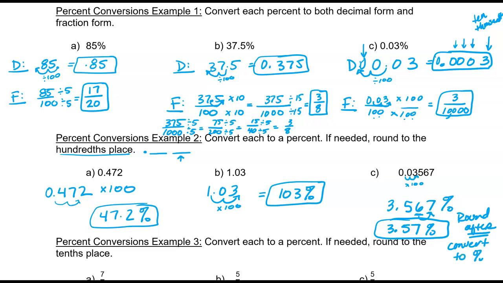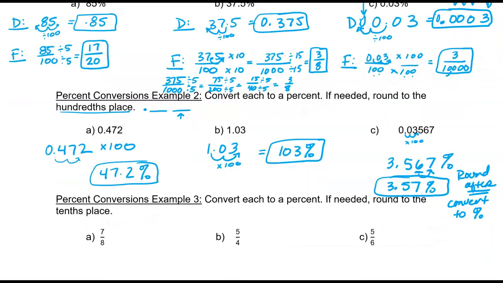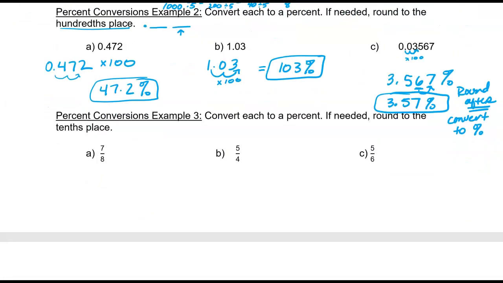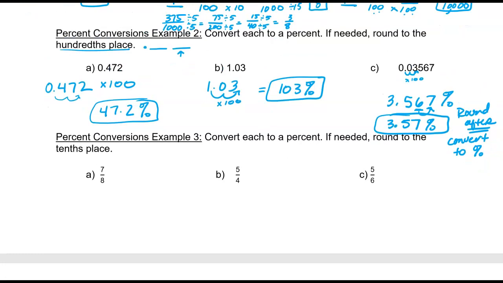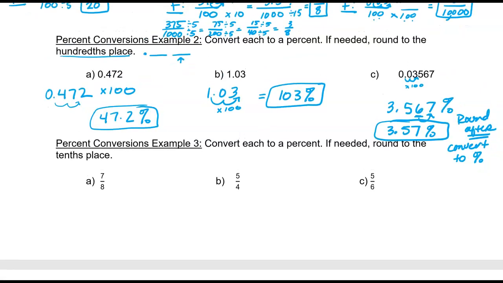Okay. So now we have 3 more examples here. We're going to convert each of these fractions to a percentage, and then if needed, round to the nearest tenths place. For 7/8, remember, the fraction bar indicates division. So this just means 7 divided by 8.